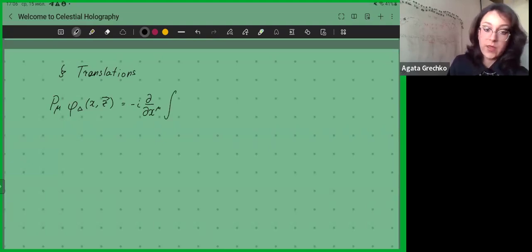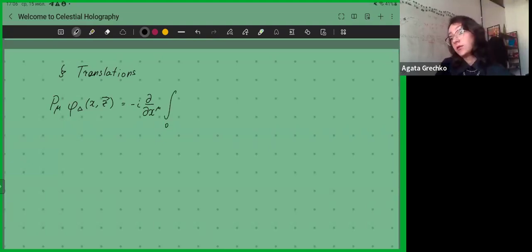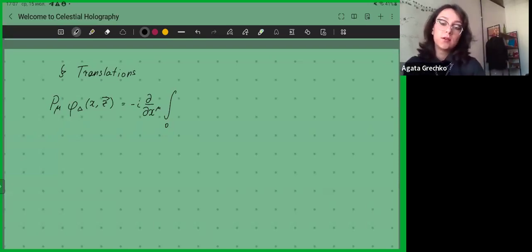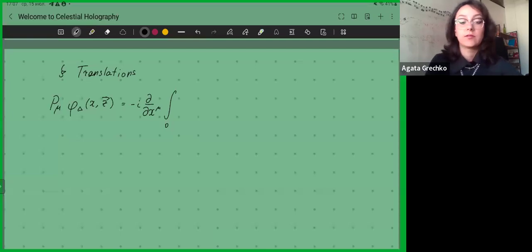A little note here: today we will talk about massless conformal primary wave functions because it's easier. For the massive case the expressions are bigger, and for intuition about the action of symmetries, it's enough to see the massless case. The massive case you can do as an exercise at home, but for this introductory course we will restrict ourselves to the massless case.